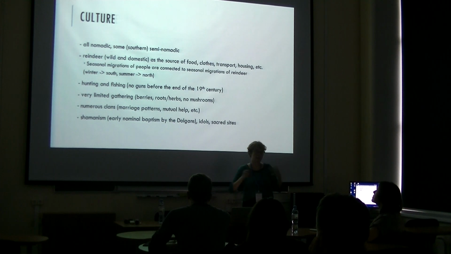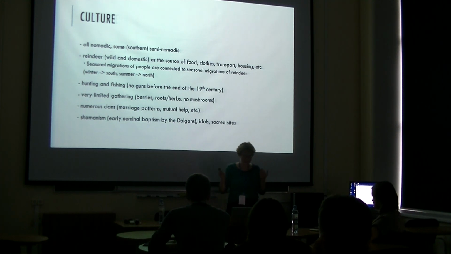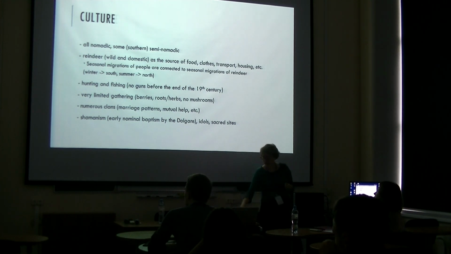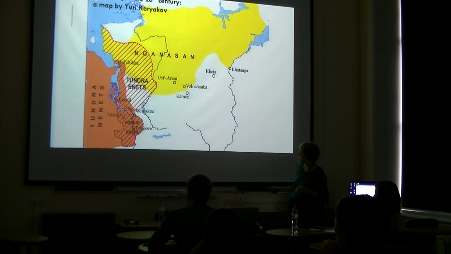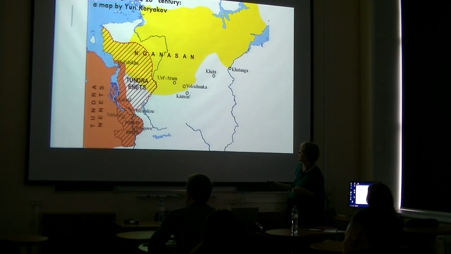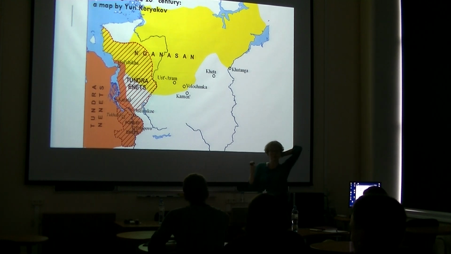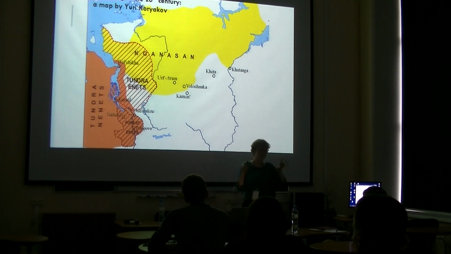They had completely no settlements till basically the middle of the 20th century. So there were settlements there, like some villages, but only the Russians, the newcomers, the colonizers, the administrative people, the merchants lived in the settlements.